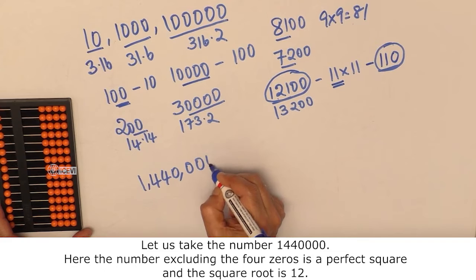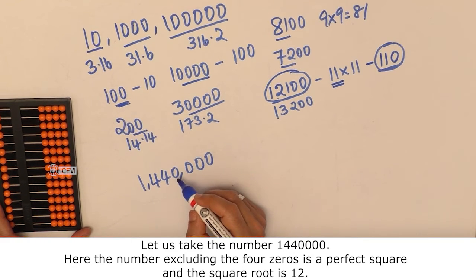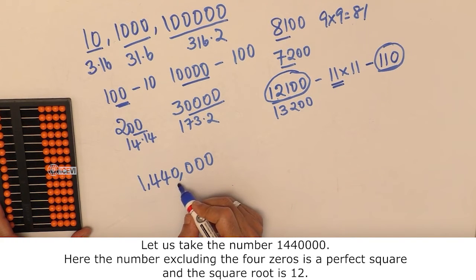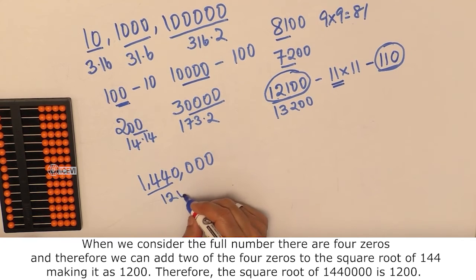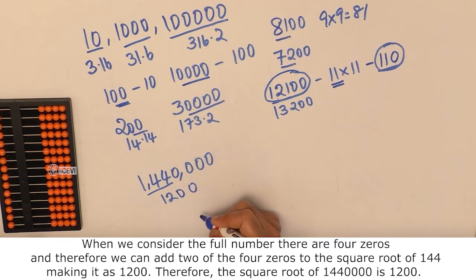Let us take the number 1,440,000. Here the number excluding the four zeros is a perfect square, and the square root is 12. We can consider the full number which has four zeros, and therefore we can add two of the four zeros to the square root of 144, making it 1,200.